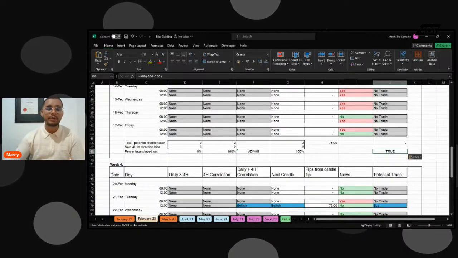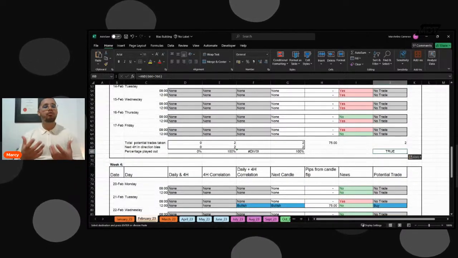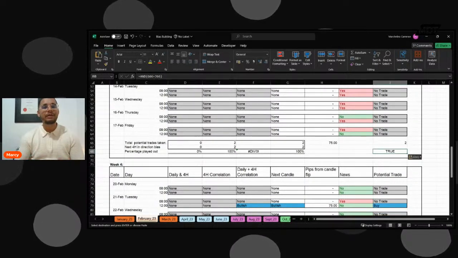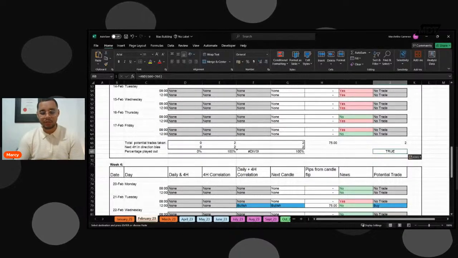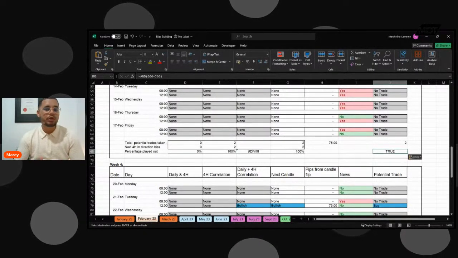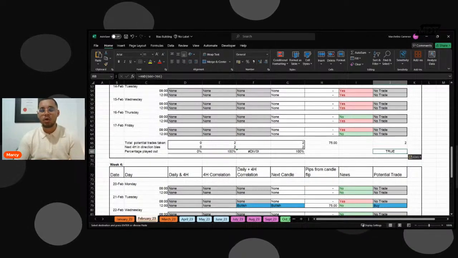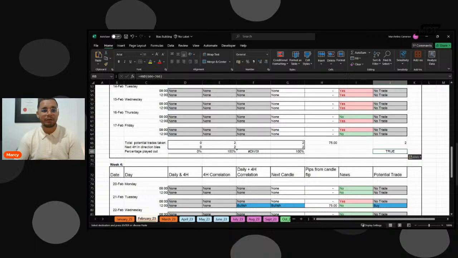And the simple exercise that I'm doing today is, what are the chances of the next 4H candle trading in my direction? The reason I'm only saying the next 4H candle is because when you trade a particular session, or you're an intraday trader, all you really need to determine is what the chances are of the next 4H candle moving in your direction.